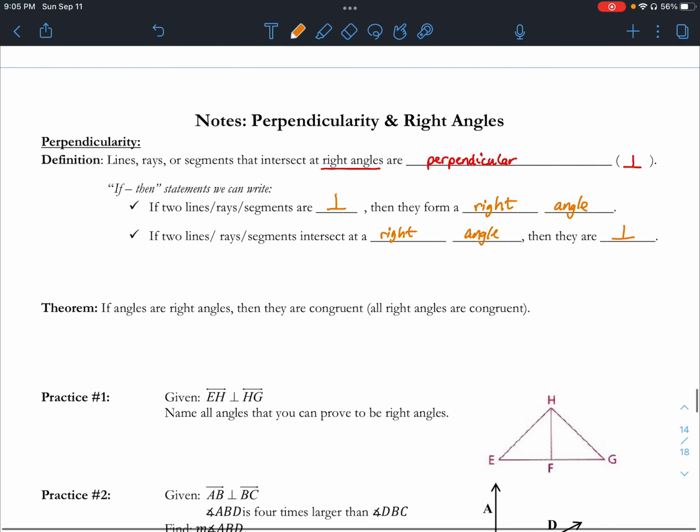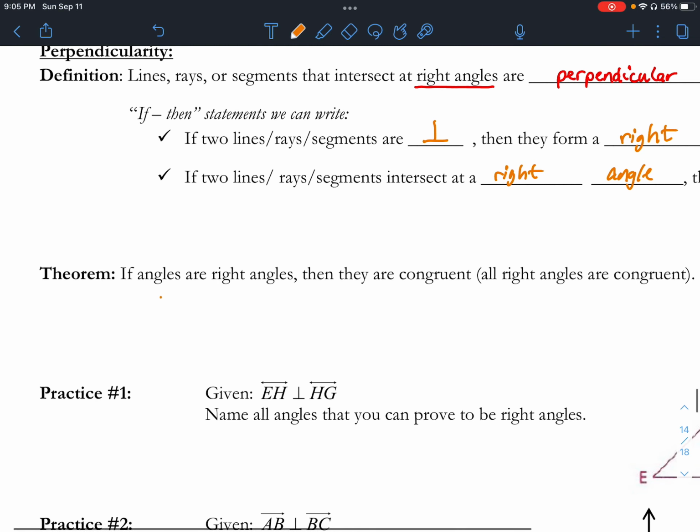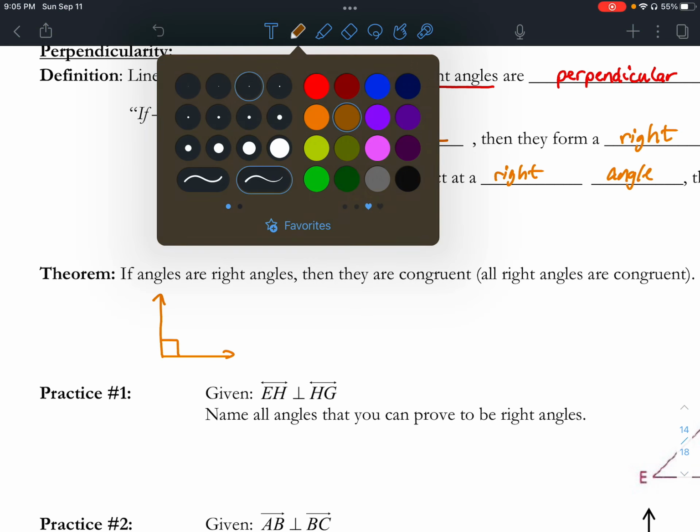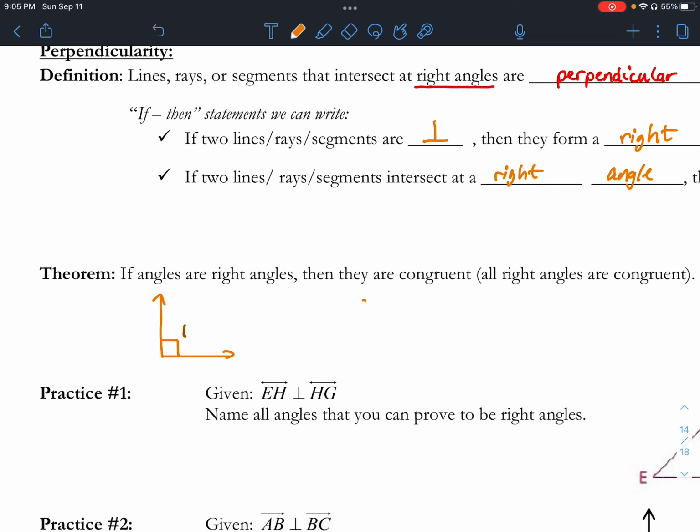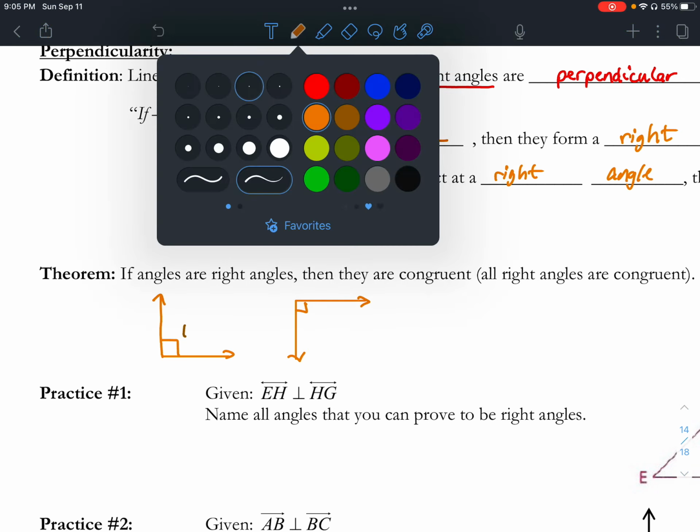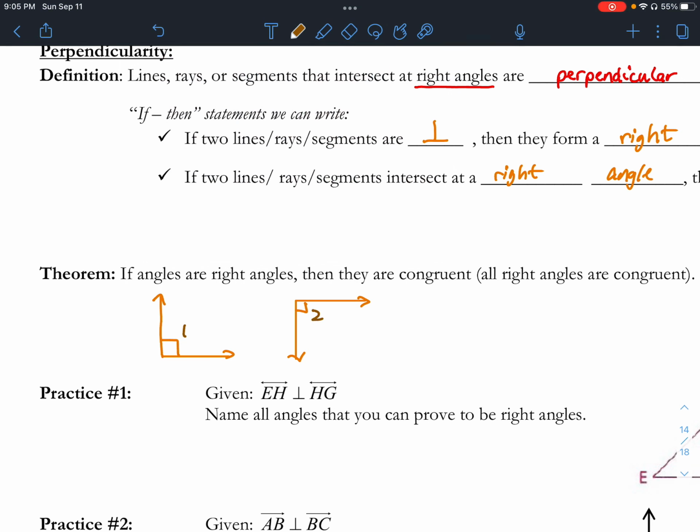So, theorems that we have here: if any two angles are right angles, then we can say that they're congruent. Sounds really simple, but it's actually something that we need to use to prove things in mathematics. What they're saying is if I have this angle right here that we can label as angle 1, and I have this other angle somewhere else out in space, also a right angle, and I name this angle 2, then what do you know?